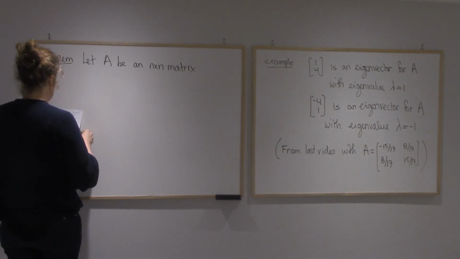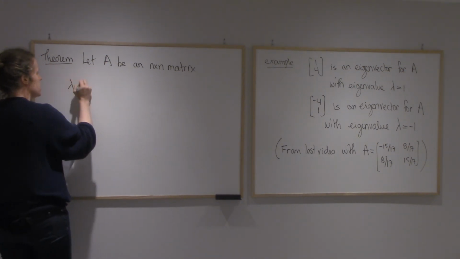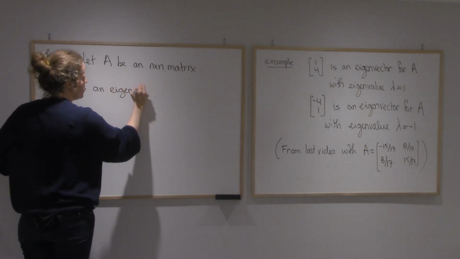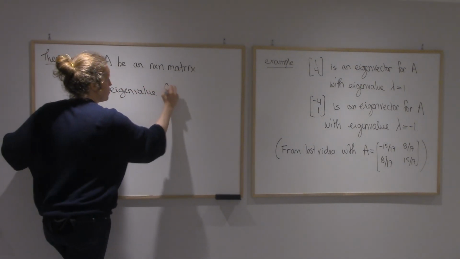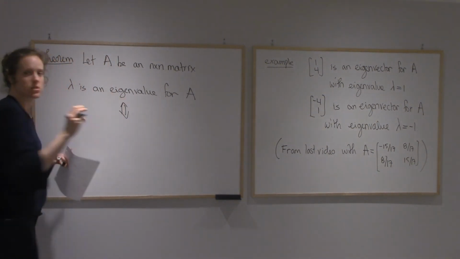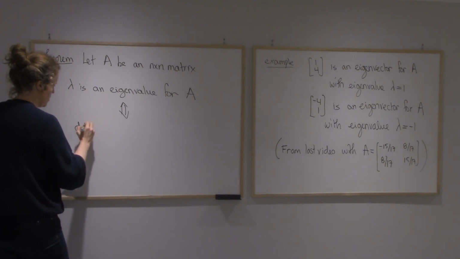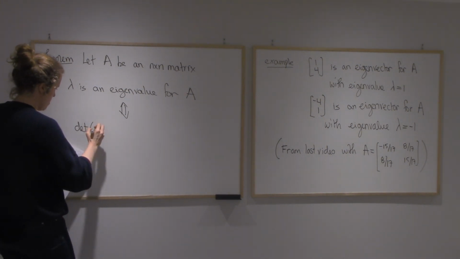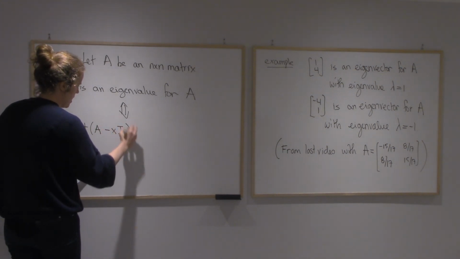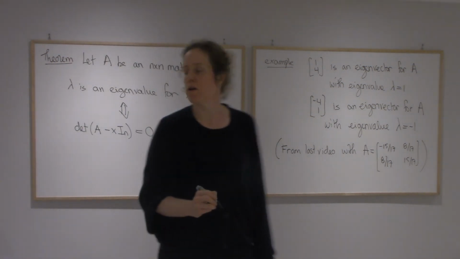What I want is to find the eigenvalues first. Then lambda is an eigenvalue for A if and only if the determinant of A minus xI_n is 0.